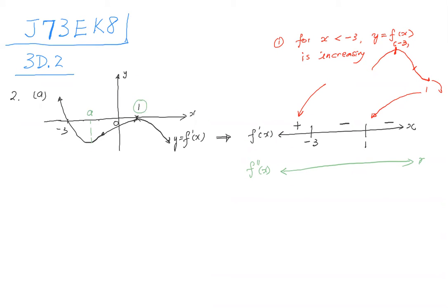I will mark my A around here. I don't know the value because the question didn't give it. And I will mark 1 here. This means f double prime A is equal to 0, and f double prime 1 is also equal to 0.